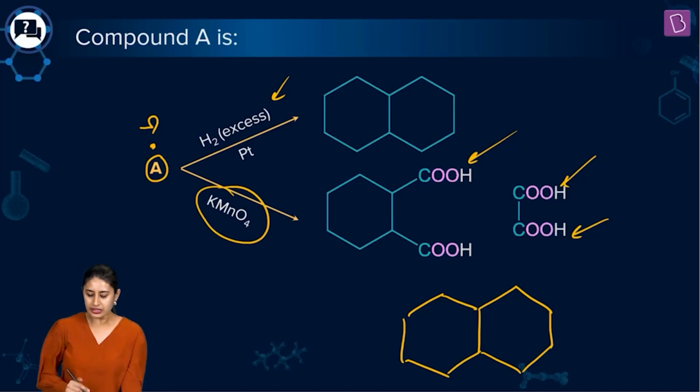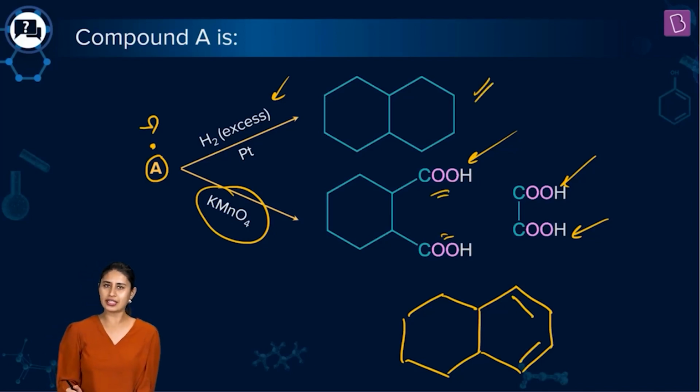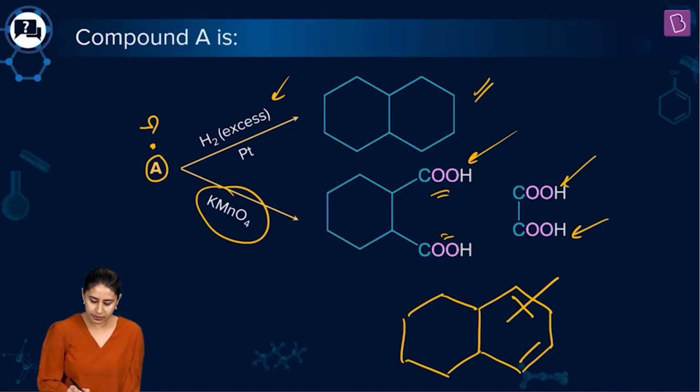Then only the possibility is getting this kind of an oxalic acid, COOH, and this kind of a dicarboxylic acid. So if the double bond is here and here, let's imagine this. Then we know that on hydrogenation, the first product that we are getting fits into the scenario.